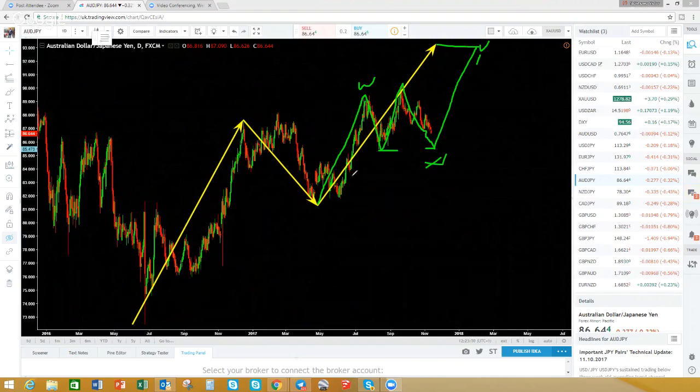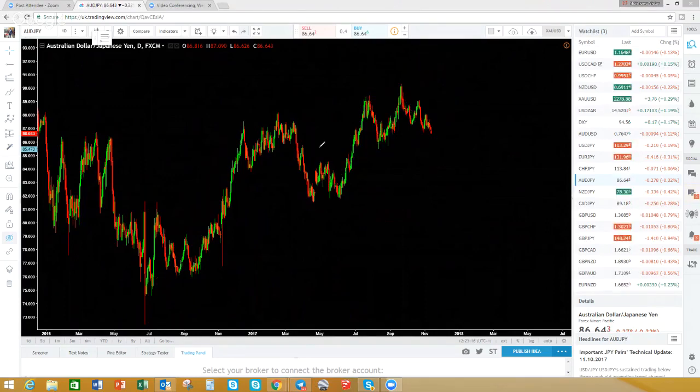Or it could even be, here's another one. But all the alternatives are pointing to the same thing. This is 1, 2, 3, 4. We've confirmed with the Fibs that this 1, 2, 3, 4, 5 has completed.